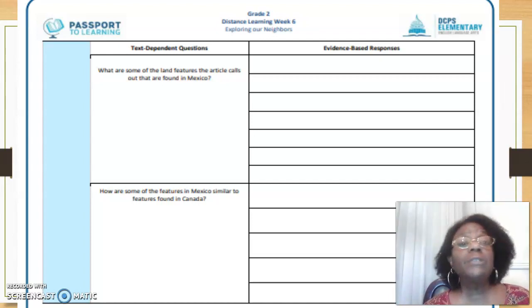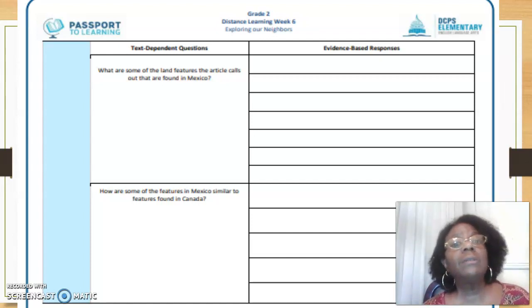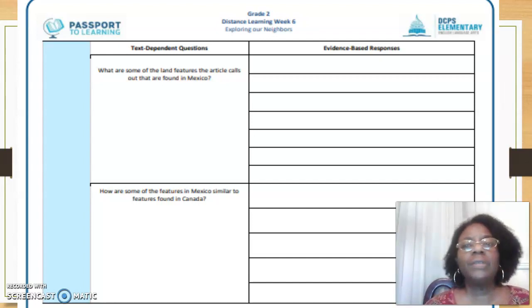So my sentence should start out with some of the land features the article calls out that are found in Mexico are, then that'll help me get the answer. Same for the second question. Down at the bottom it says, how are some of the features in Mexico similar to the features found in Canada? On the other side here, my answer will have part of the question in it as well.